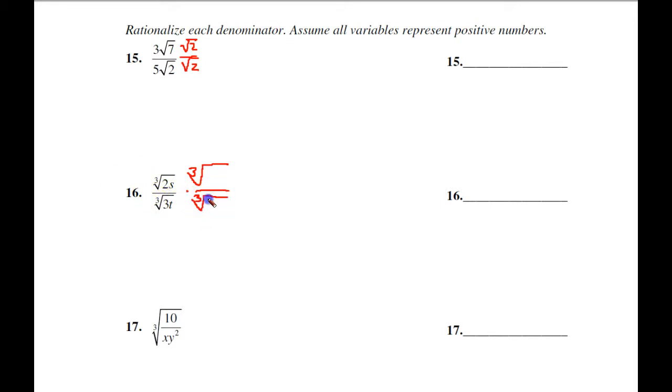But if we went 9t squared, think about it for a moment, then that would work. And here this is also something to the 3rd power. And that's going to be an x squared y.